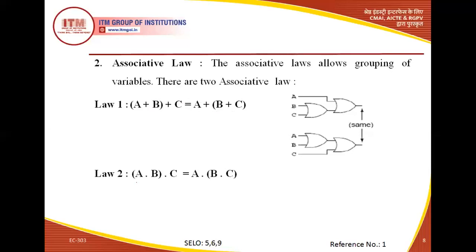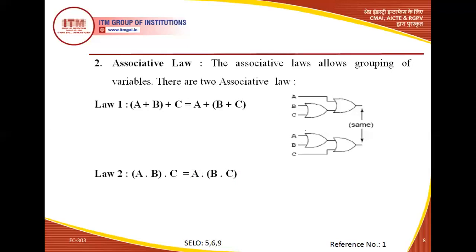That means first we can perform the AND operation of two variables A and B. Then we can perform the operation with C, which gives the same result as first performing the AND operation of B and C, then performing the AND operation with A. So in both cases, we get the same result.